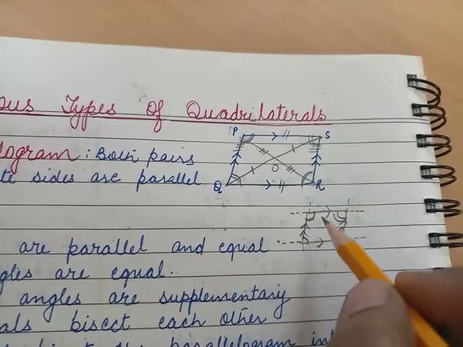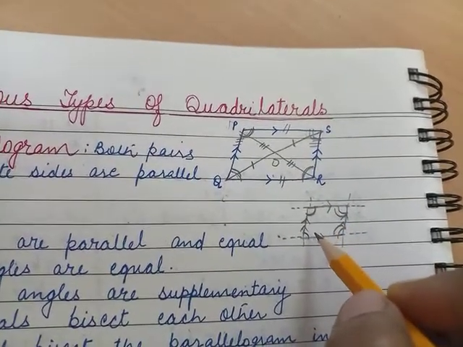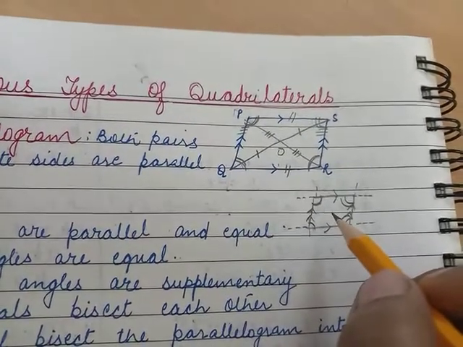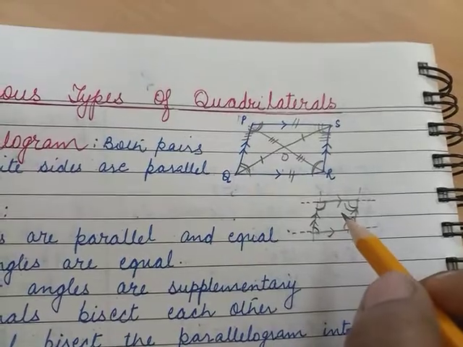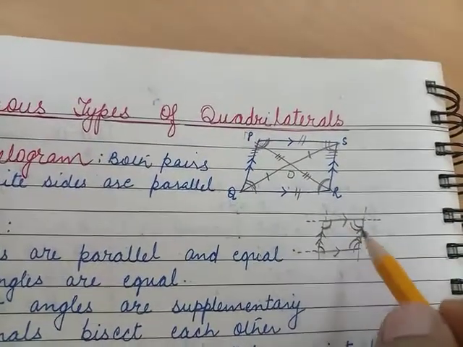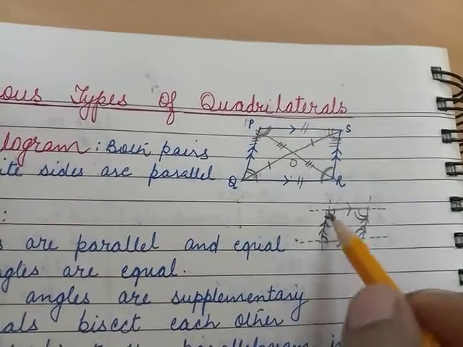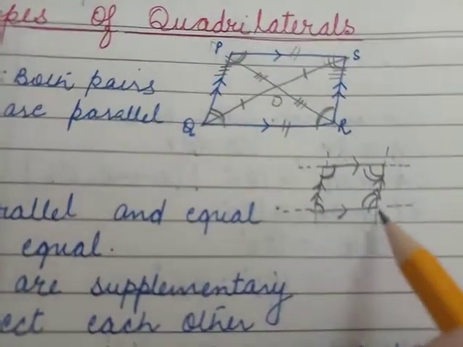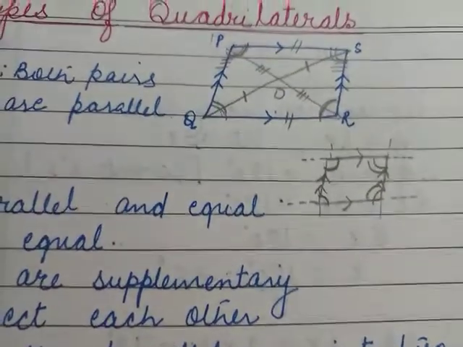And we know very well that the sum of co-interior angles is 180 degrees. Another name for co-interior angles is allied angles. If we consider these two parallel lines, these two also form co-interior angles.